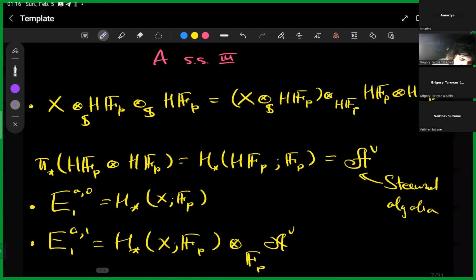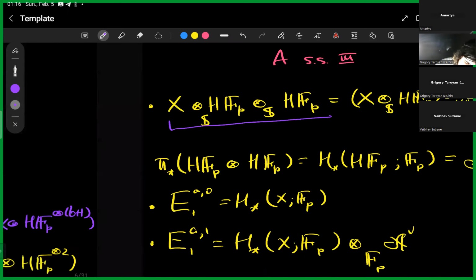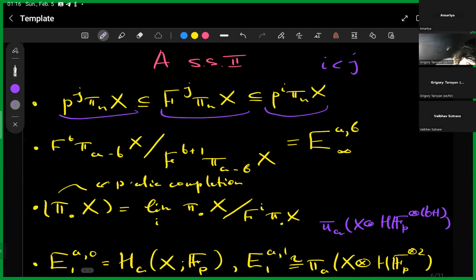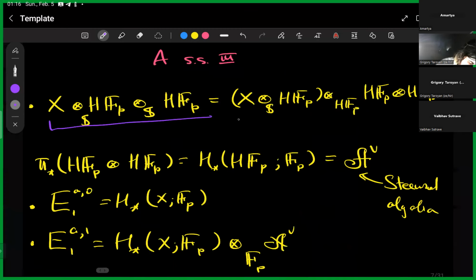So we can consider the following decomposition of this tensor product that we used to compute the first row of the first page.